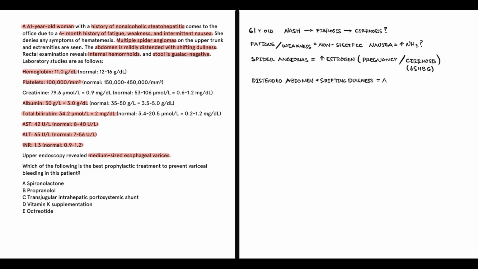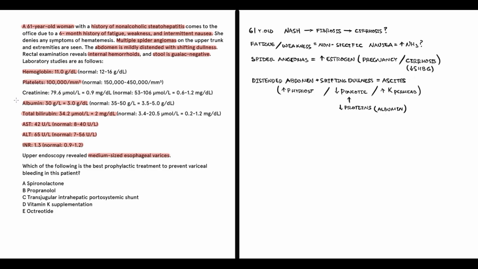And we know that ascites develops due to an increase in hydrostatic pressure, decrease in oncotic pressure, or increased permeability. In the context of long-term non-alcoholic steatohepatitis, we can suppose that this ascites developed due to a decrease in protein concentrations in the blood, particularly a decrease in albumins.